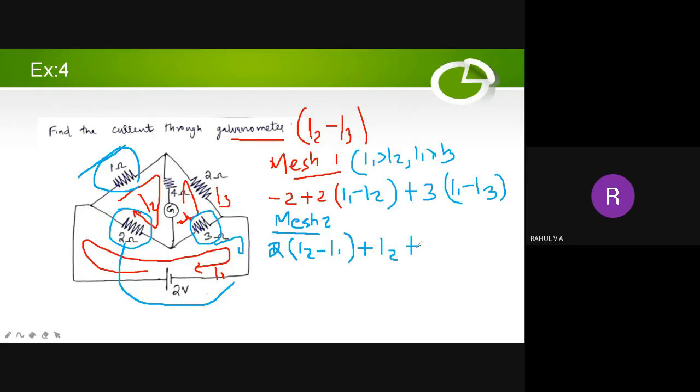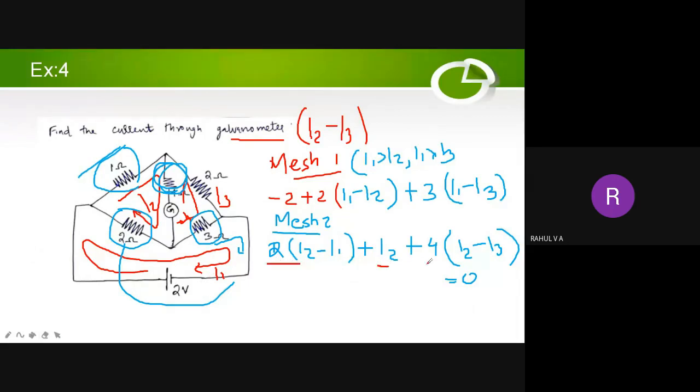Plus, through the 4 ohm resistor. Which is the 4 ohm resistor? This one. Through the 4 ohm resistor two currents are flowing, I2 and I3. So you just write I2 minus I3 equal to 0. That means how many I2 components are there? 2 I2, then 1 I2, and 4 I2.